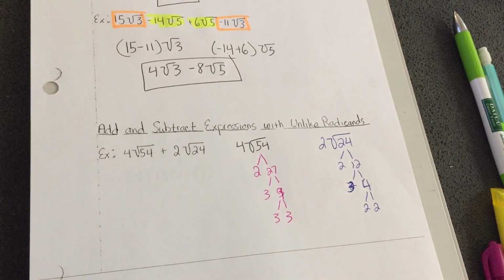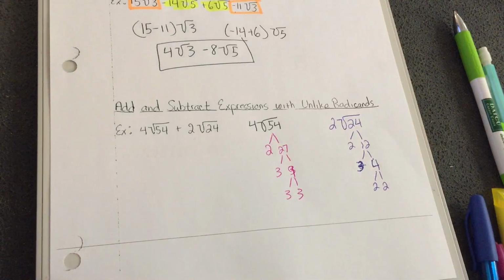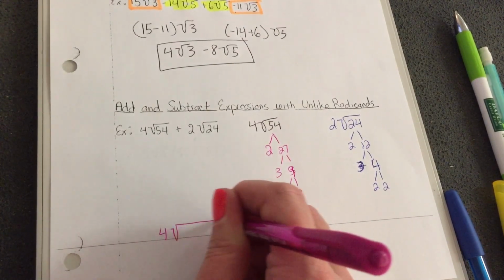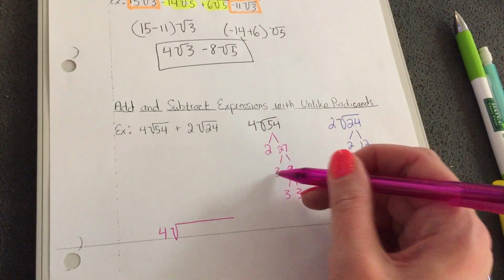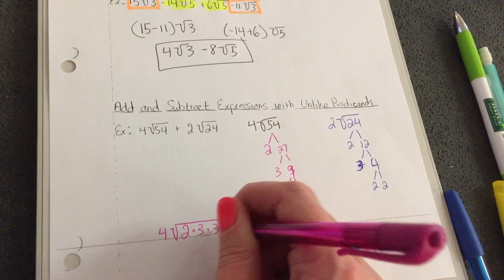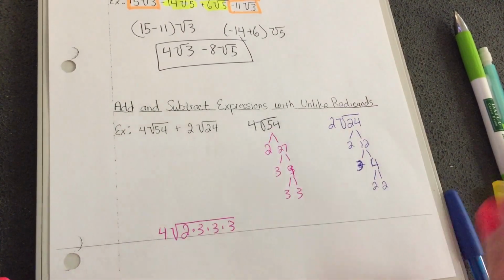Now, at this point, we're going to write out what we have. In the pink, I have 4 square root 2 times 3 times 3 times 3, because isn't that saying the same thing as 54? Yes.